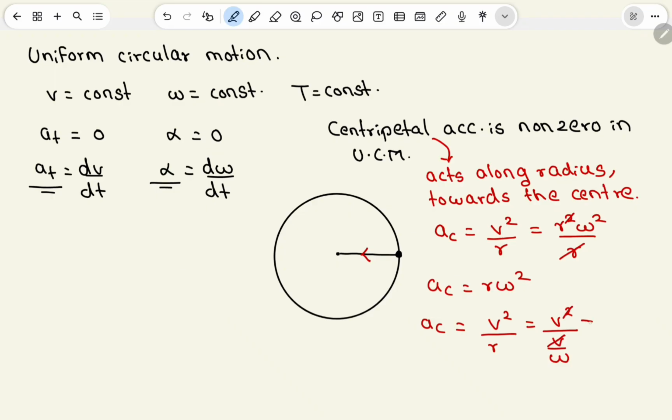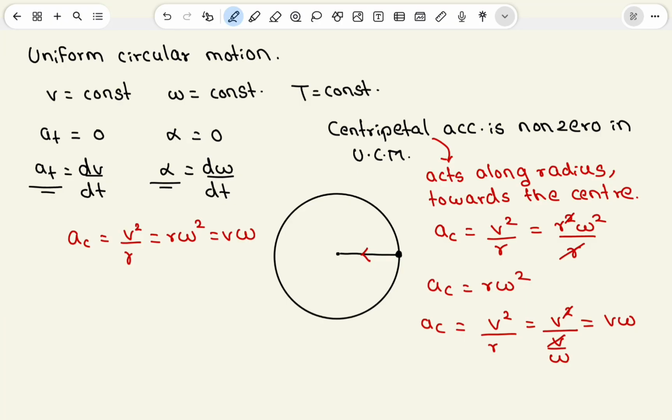V and v get cancelled, omega goes up, and we have v omega. So there are three formulas for centripetal acceleration. The first is v square by r, then we have r omega square, and then we also have v omega. The centripetal acceleration is nothing but an acceleration acting on the particle moving in a circular motion. It acts along the radius towards the center.